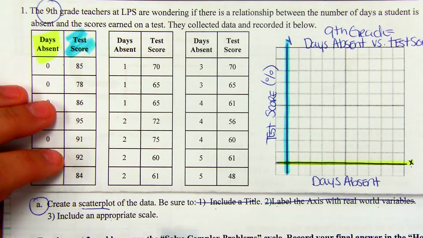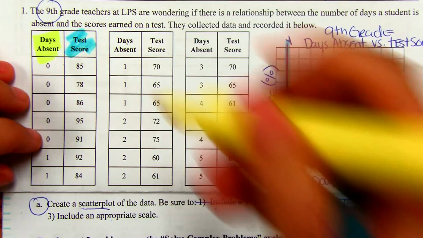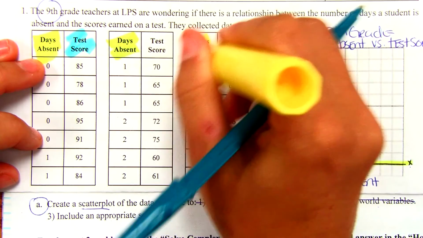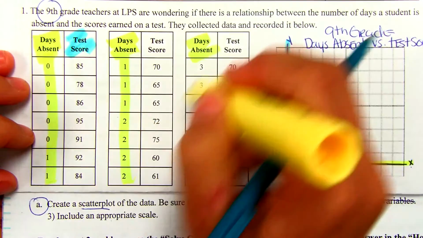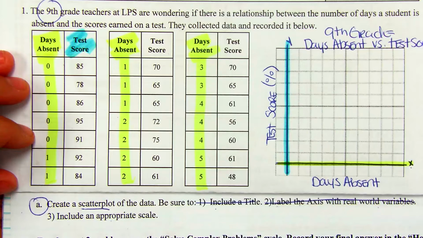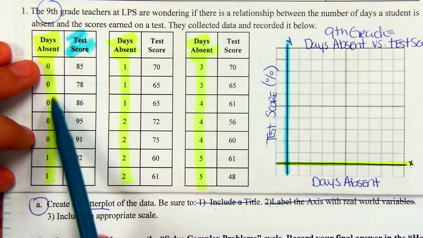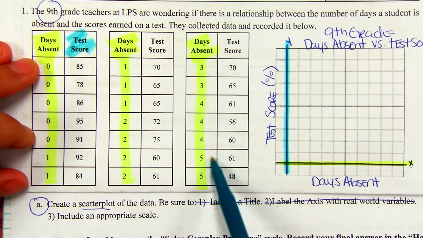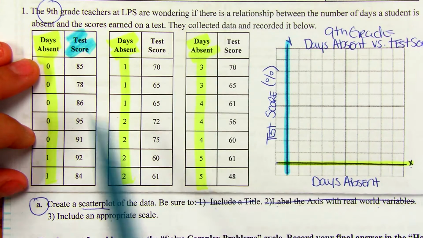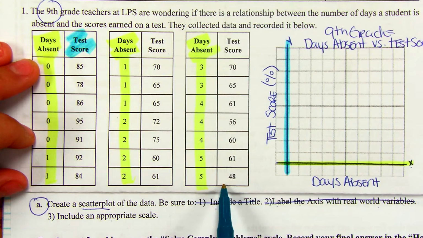So let's start with the x values first. I'm going to look through all of my x values and ask myself what is the smallest and the largest x value. So I see 0s, 1s, 2s, 3s, 4s, and 5s. Smallest being 0, largest being 5.